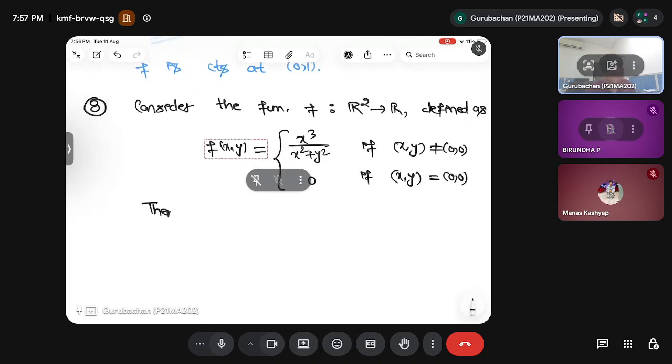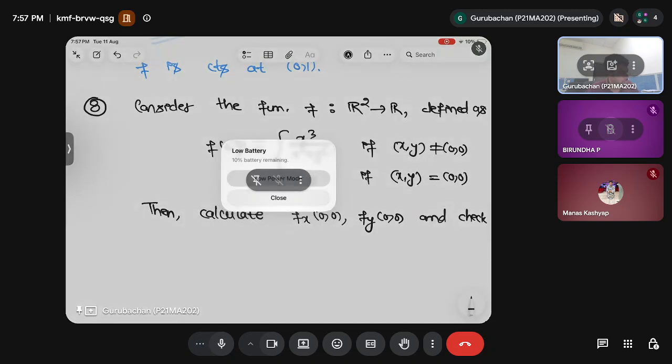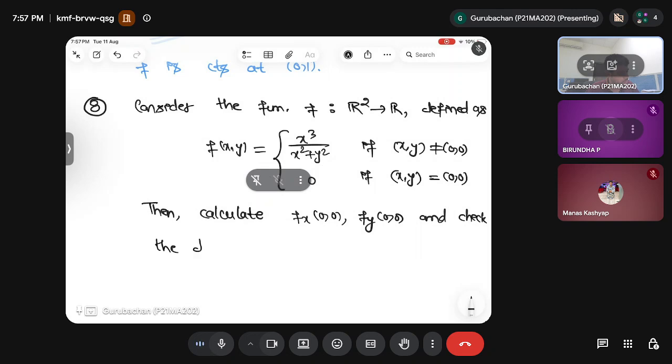Then calculate the partial derivatives and check the differentiability of f at (0, 0).